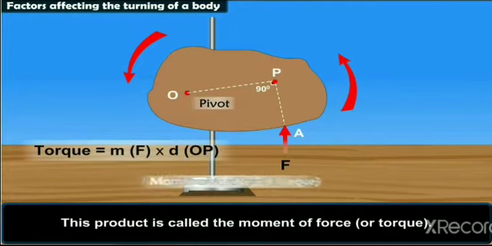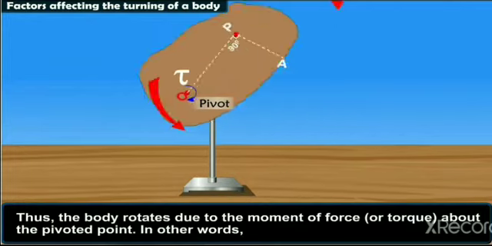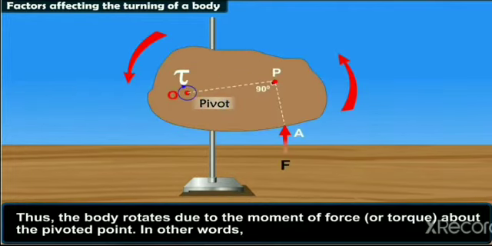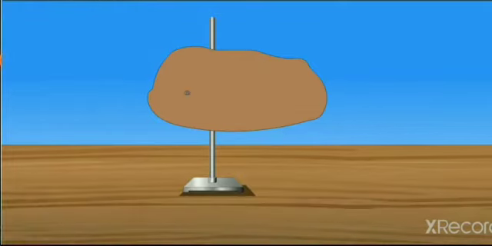This product is called the moment of force or torque. Thus, the body rotates due to the moment of force or torque about the pivoted point. In other words, the turning effect of the body about an axis is due to the moment of force or torque applied on the body.